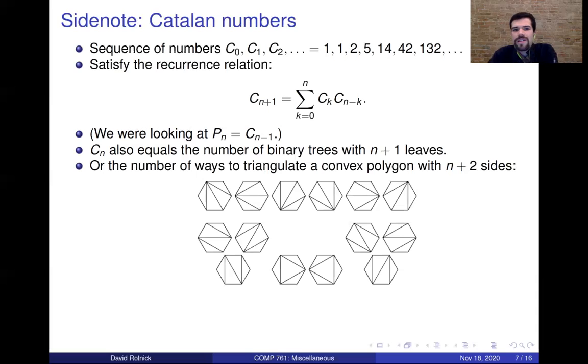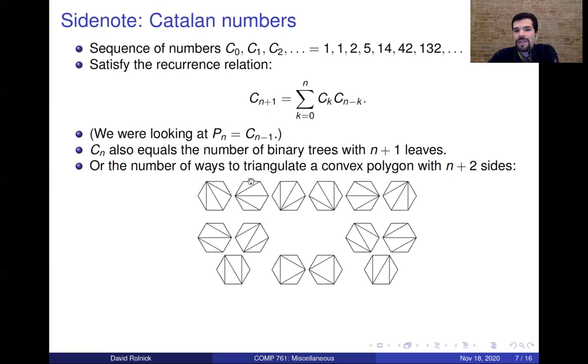The reasoning why the number of ways to triangulate a convex polygon is the same as the Catalan numbers is because you can, again, imagine looking at this recurrence relation where you say, okay, I'm going to look at a diagonal from this particular vertex.